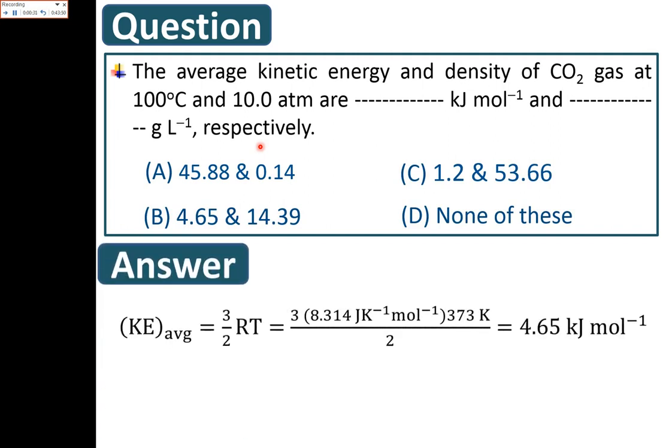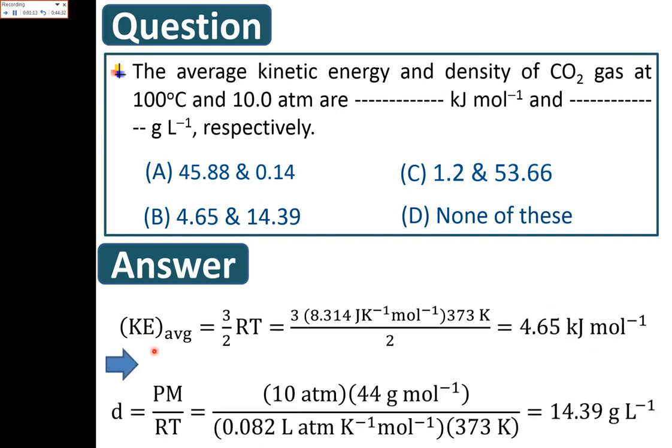The first one is the average kinetic energy, and you can remember from the theory, the average kinetic energy equals 3 over 2 RT, where R should be 8.314 joule per Kelvin per mole, and temperature should be in Kelvin. So we'll calculate the average kinetic energy to be 4.65 kJ per mole. This is the first item that the question asked about, the average kinetic energy.